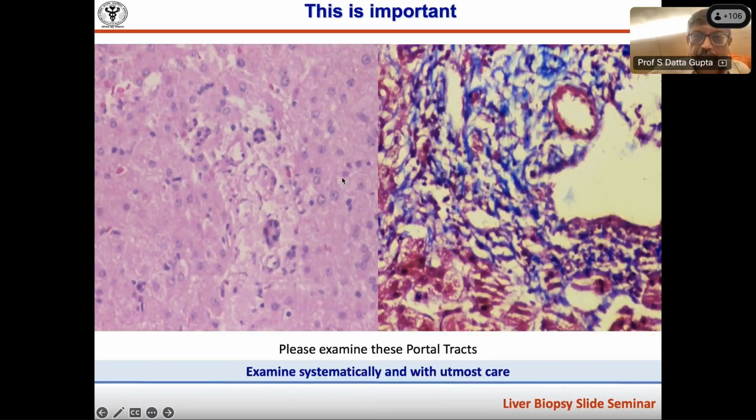Other thing, anything wrong in these portal tracts? Are these portal tracts normal? Anyone? Any resident? No vein? Prakhar says no vein. This one, yeah. In this is the vein. Anything?